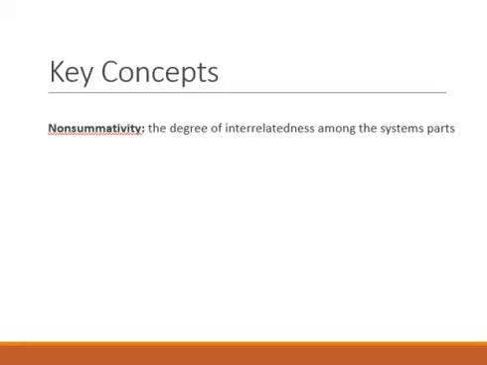A high degree of non-summativity is shown when a change in one part affects all the other parts in the whole system. And all systems need some degree of non-summativity to function.